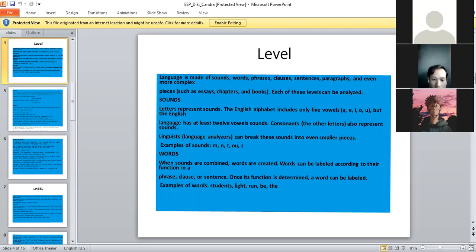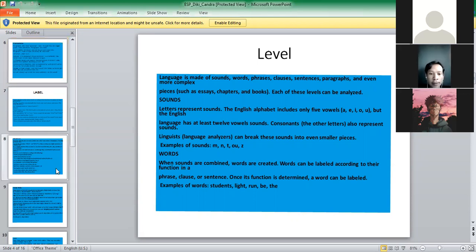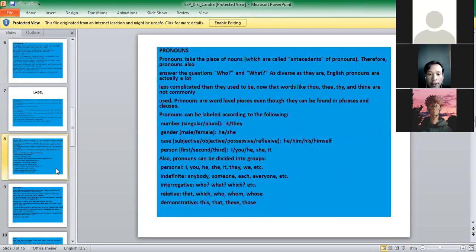And then clause. A clause contains a subject and a verb. There are two kinds of clauses: independent and dependent. An independent clause can stand alone and can be called a sentence.